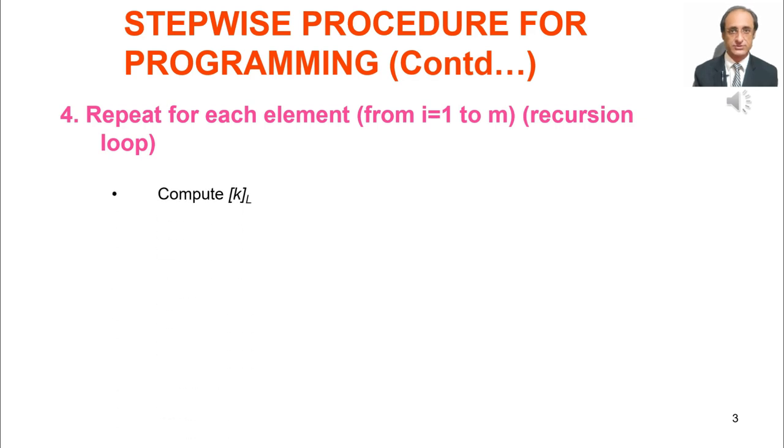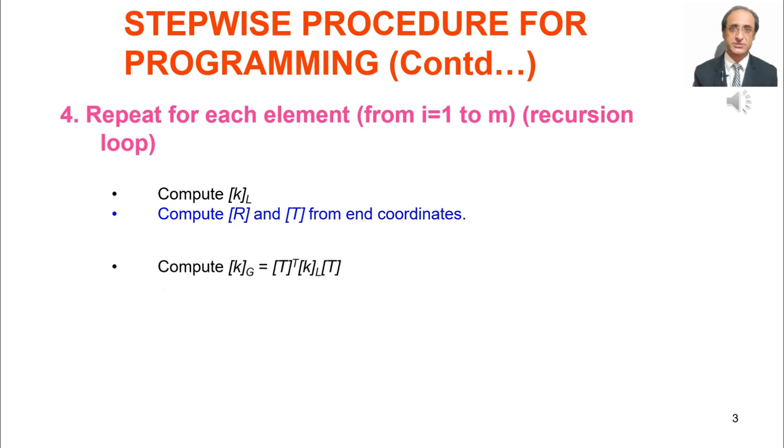First, we compute its stiffness matrix with respect to the local coordinate system. Then we obtain the joint transformation matrix and then the member transformation matrix, that is R and T respectively, from the end coordinates of the member. Then once we have this information, we obtain the stiffness matrix of the member in global coordinates.